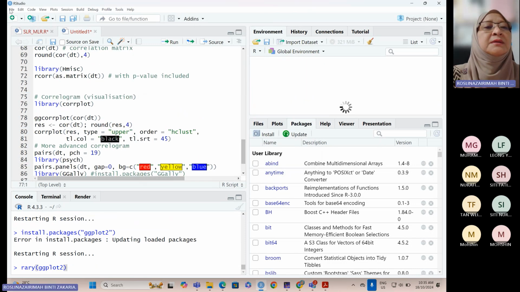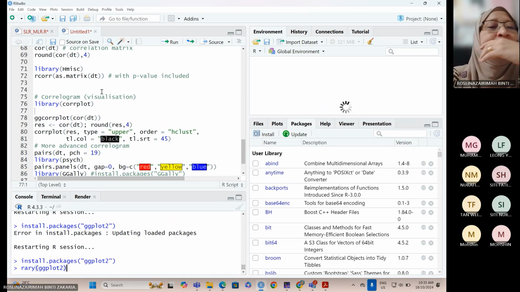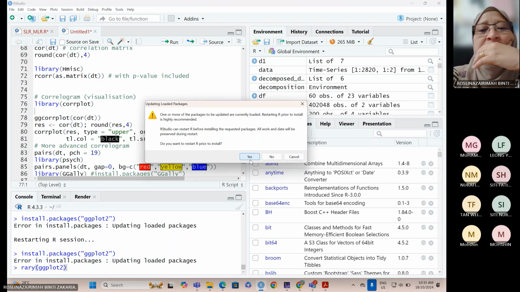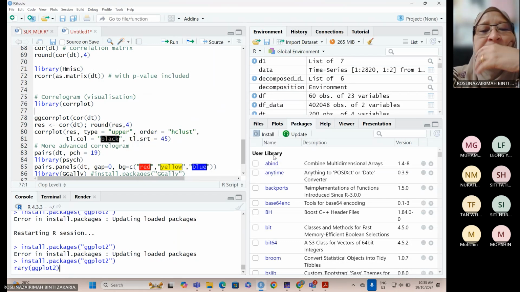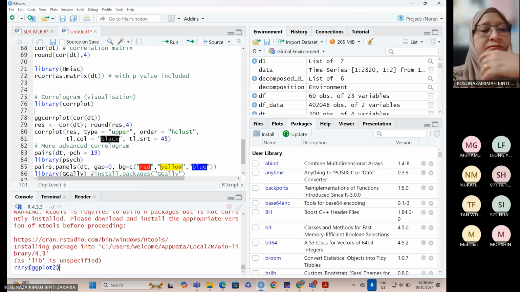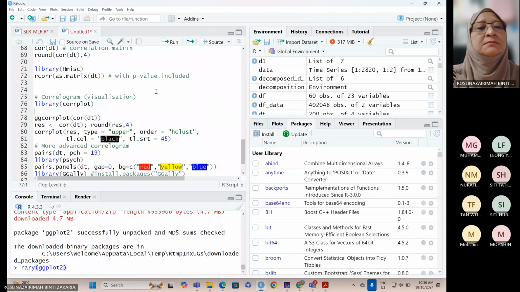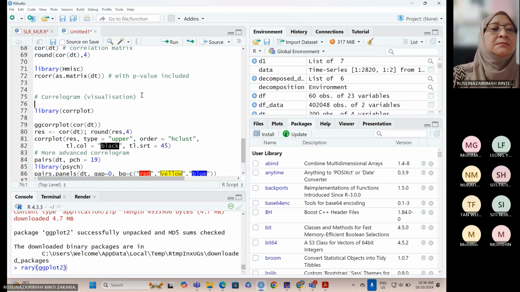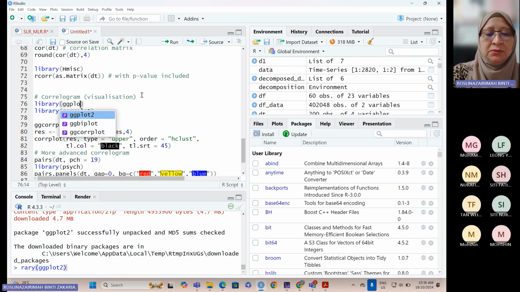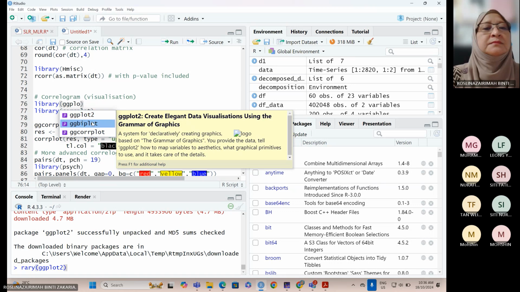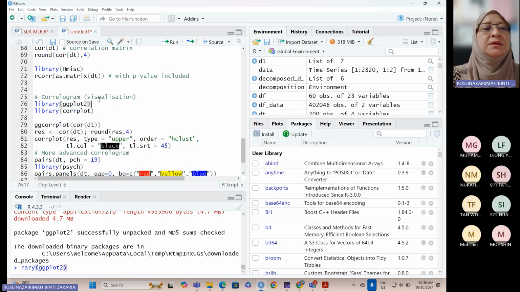Wait, I will save this first. ggplot2. Oh, ggplot. Okay, let's try.